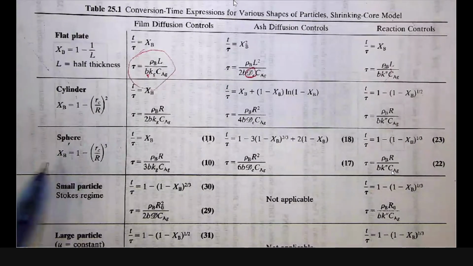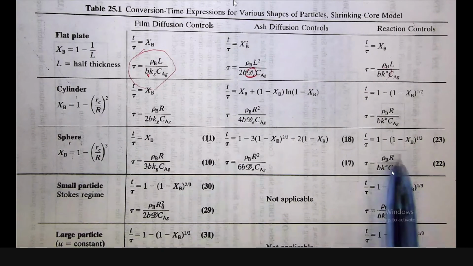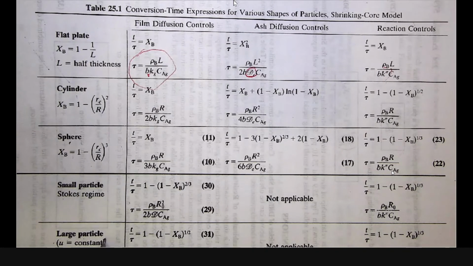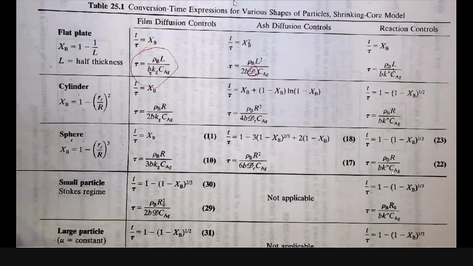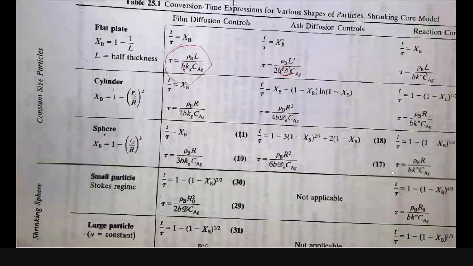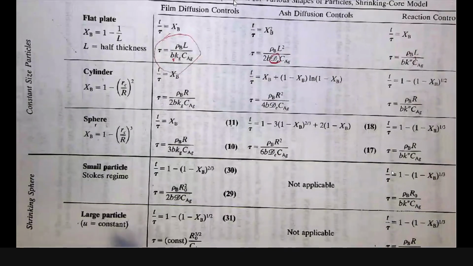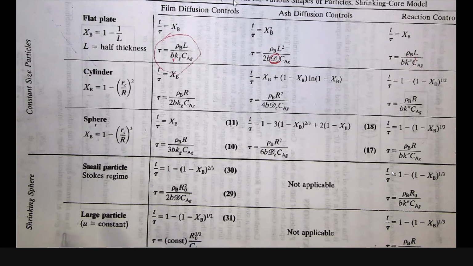So we have gone through these 3 derivations, also for small particles. Then they have mentioned it for the large particles also, for shrinking spheres. So in this case also, you will get this particular expression, 1 minus Xb, and tau is equal to R0 to the 3 by 2 upon CAG.